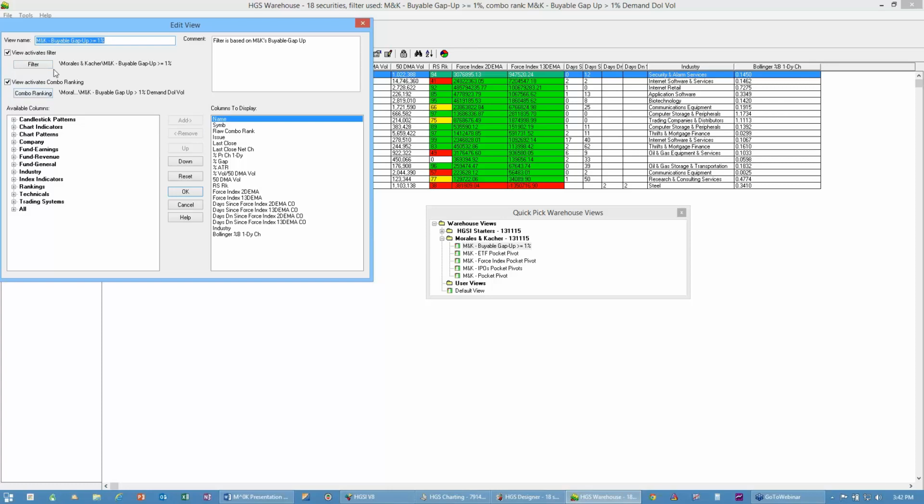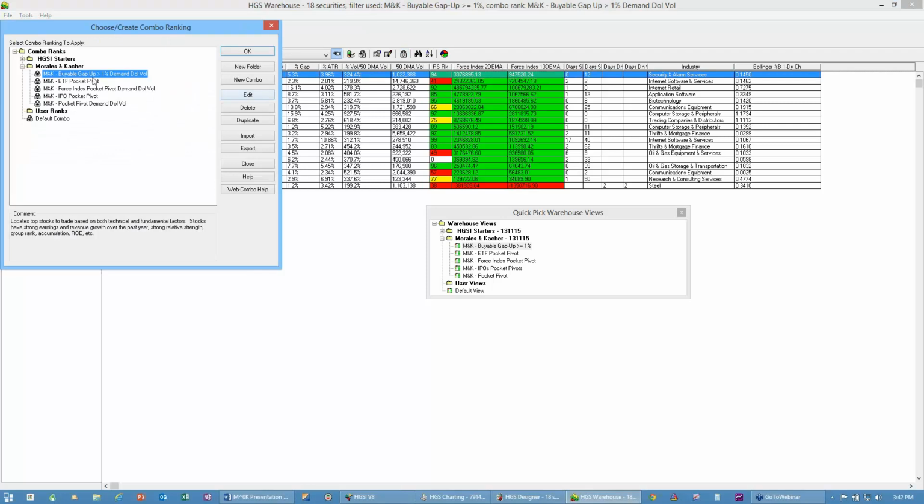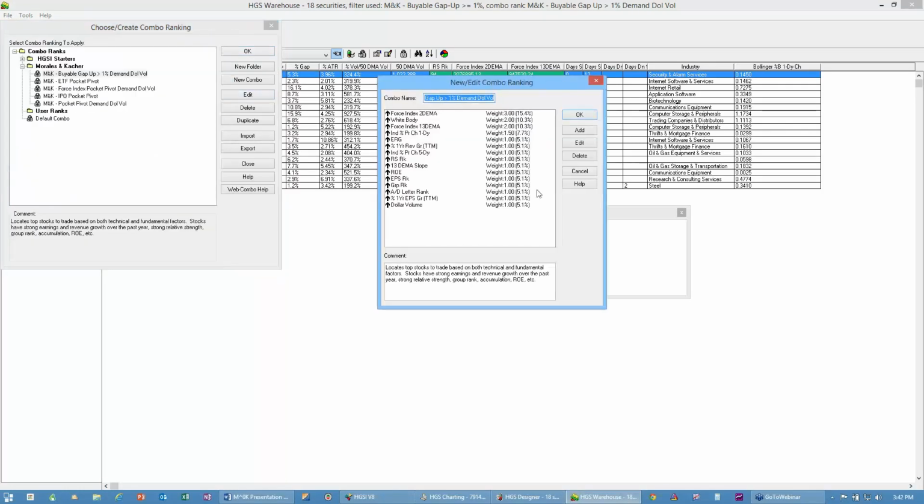So the filter filters out the stocks, and then the combo ranks them according to the criteria found in the combo. So I'm just going to open up this combo. You can see that it is connected to this. It has the same name, and I'll just click on Edit. I'll move it over here, and I'm not going to go through all of these right now, but I just want to give you a feel for what this does.